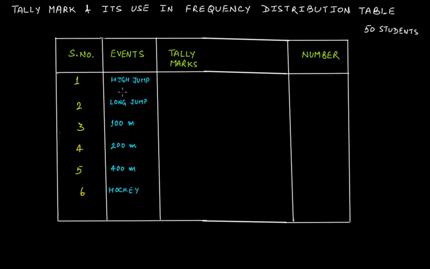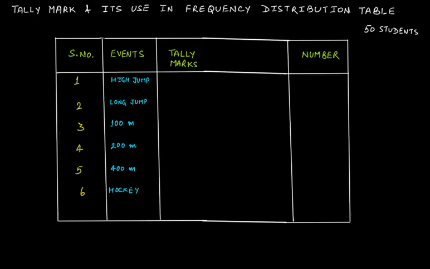That can create some mistakes or errors in counting. What can be the best way? The teacher can ask how many students are going to take part in high jump, and when they raise their hands, use telemarks, the vertical strokes, then count and tell the number.